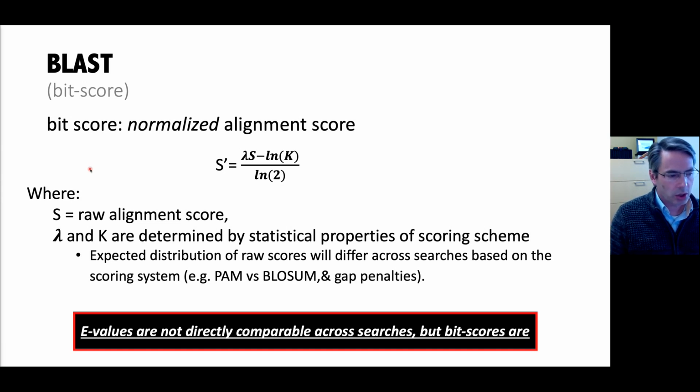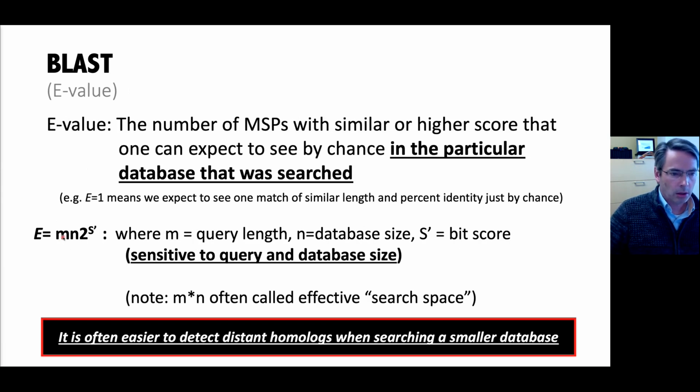But as soon as I either change the query, the M, or I change the N, I search it in a different species, now the e-values are no longer comparable between the first search and the second search.